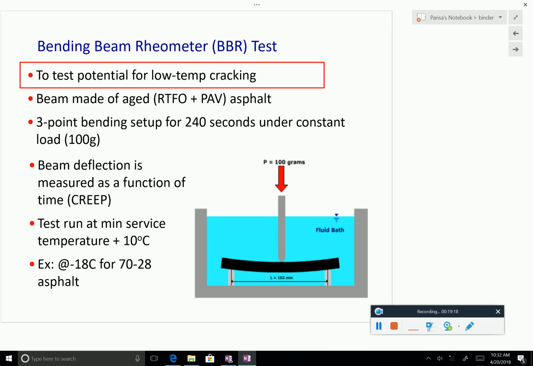So you have two supports and a load, at a certain temperature, and you basically look at the strain, how it behaves. This is also done after the material is aged. It's a very hard test to do.